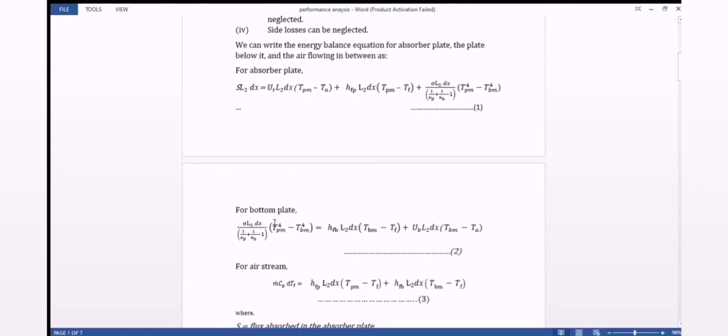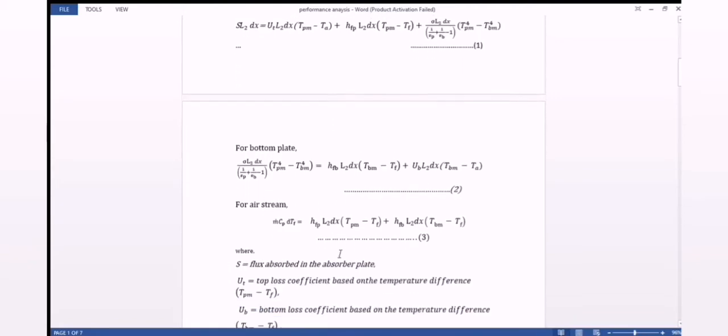For the bottom plate, the energy balance equation is sigma L2 dx divided by (1 by epsilon P plus 1 by epsilon B minus 1) into (TPM raised to 4 minus TBM raised to 4), which is equal to HFB L2 dx into (TBM minus TF) plus UB L2 dx into (TBM minus TA).